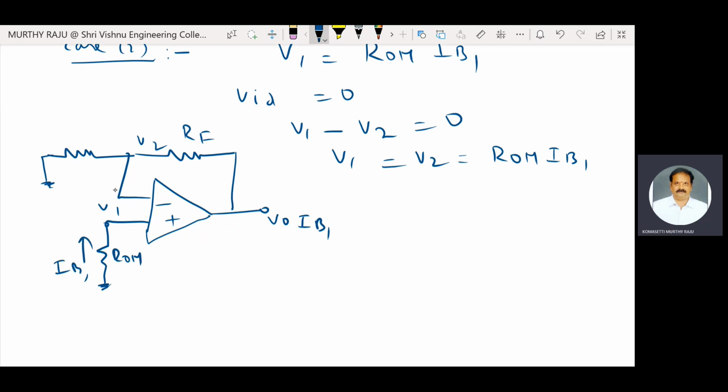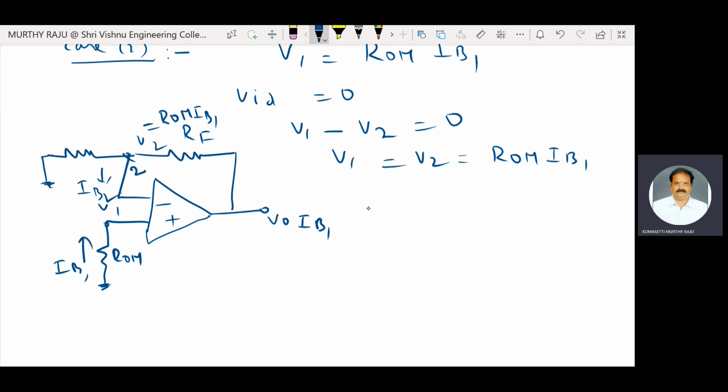This one is IB1. This one is IB2. Here, due to V1 equal to V2 equal to ROM into IB1, apply nodal analysis at point 2.